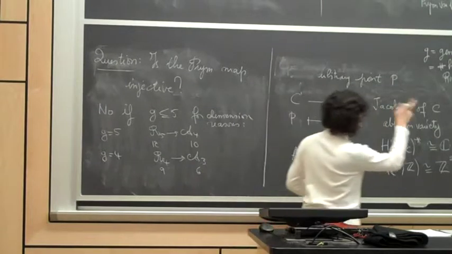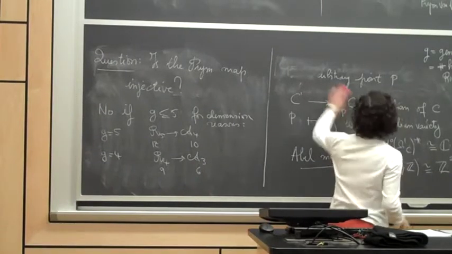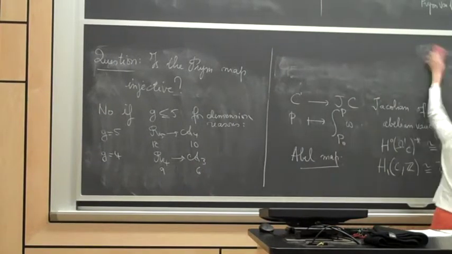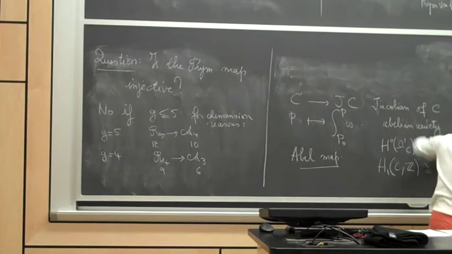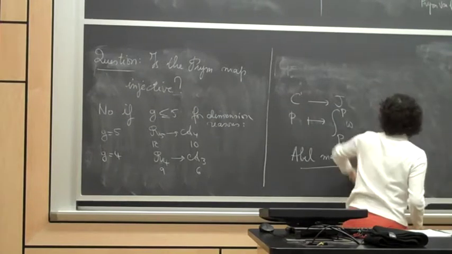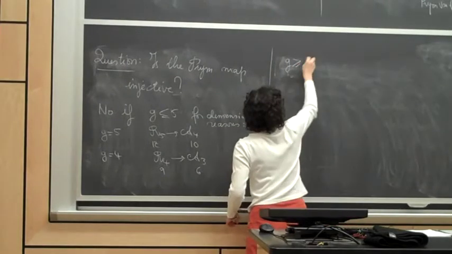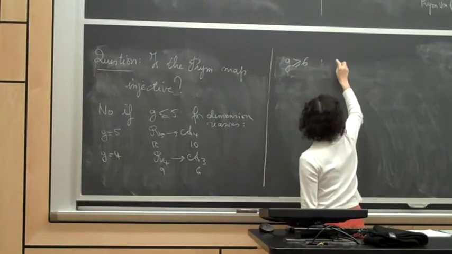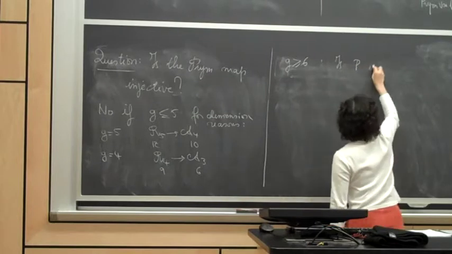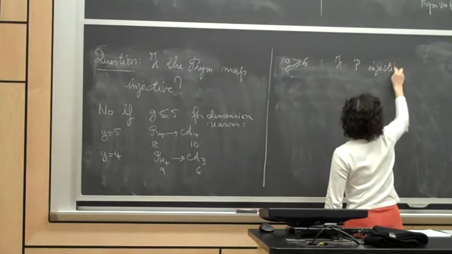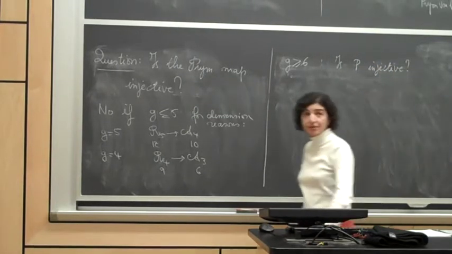But as soon as G is at least 6, there is hope for injectivity. So is P injective? Okay?